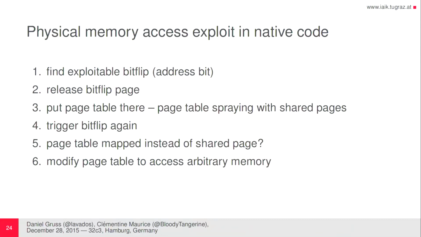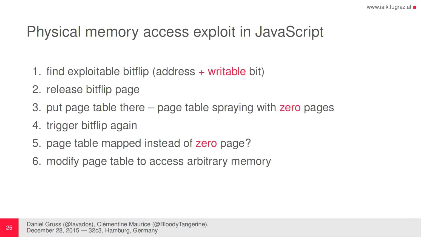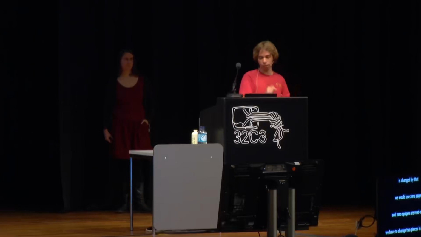Now, if we want to do the same exploit in JavaScript, we would use 0 pages, and 0 pages are read-only. So we only have to change 2 pieces here. The first is we also have to flip the writable bit, and that's much harder because the writable bit is in a specific position, and we only have 1 writable bit and not many address bits.